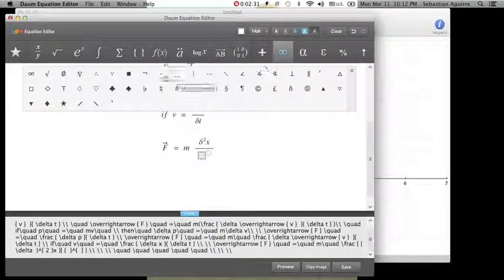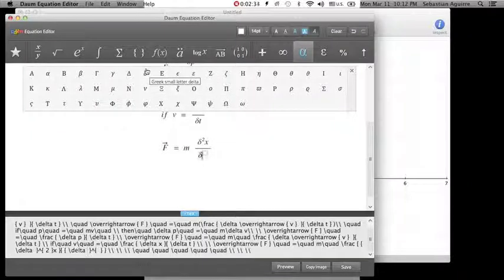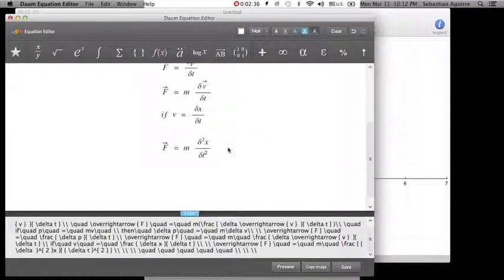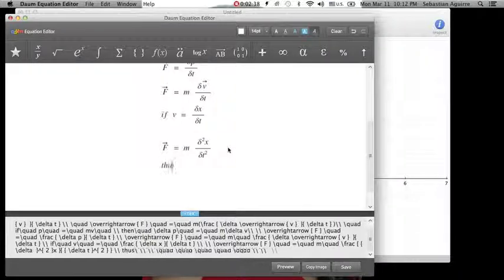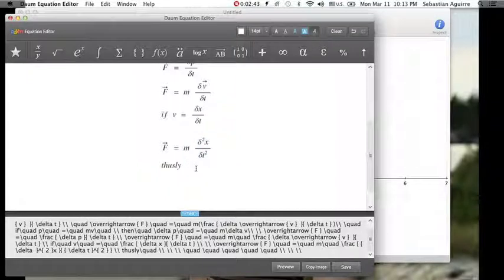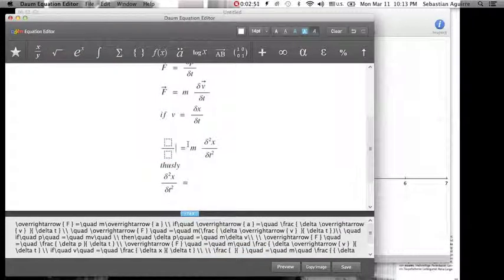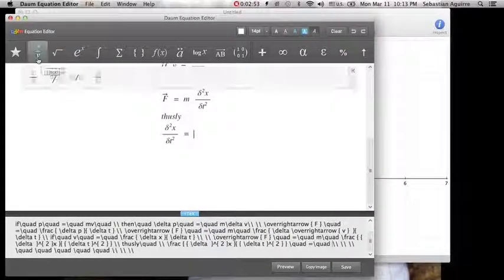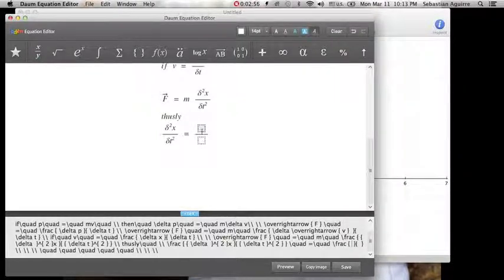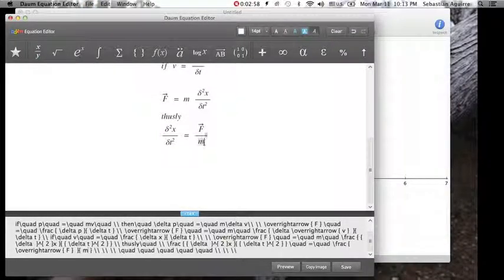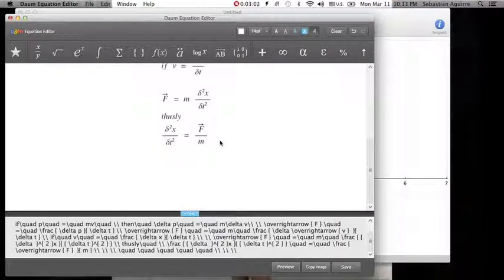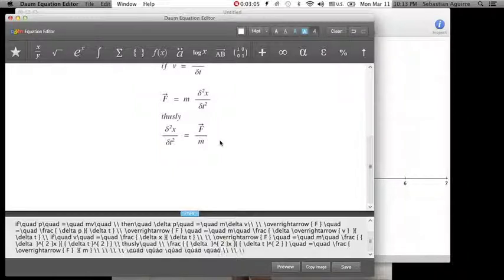Thus, we can write that the double derivative of x is equal to the force over the mass. This is a little bit strayed from standard form, but we can actually work with this.